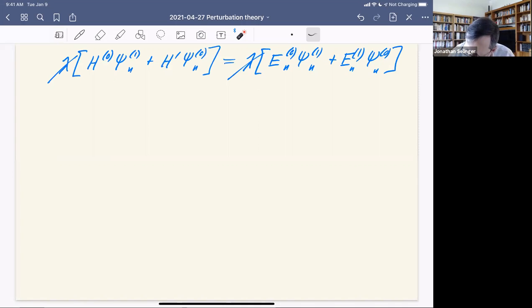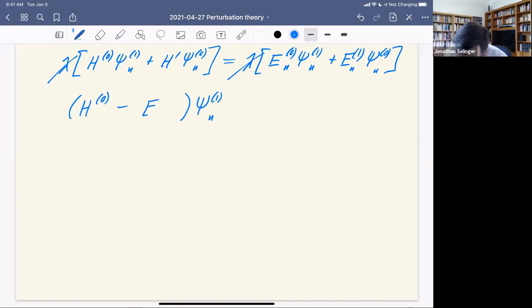To get the psi 1 stuff on the left side of the equation, that is the old Hamiltonian H0 acting on psi 1 n, minus E 0 sub n times psi 1 n.